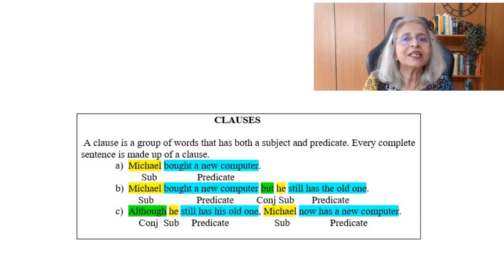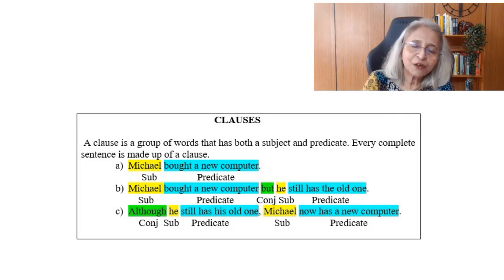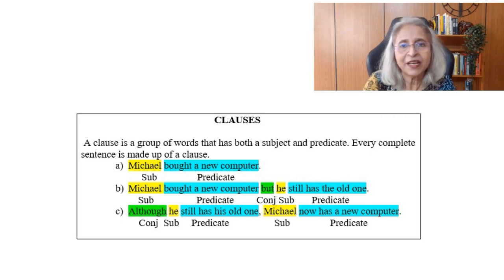This is called a dependent or a subordinate clause. Because it just cannot stand by itself. It would make no sense. Although Michael still has his old one, just doesn't make any sense. So it is a subordinate clause.